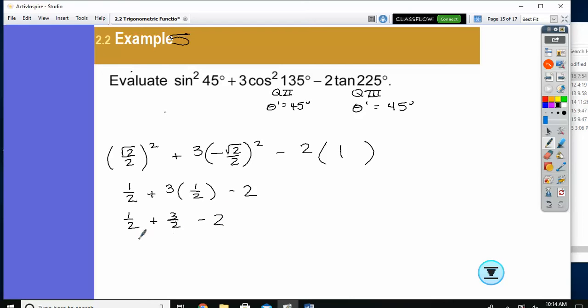So this would be, if you add those 1/2 and 3/2, that's 2 minus 2, and we get 0. One more example and then I'll be done. Any questions on this one?